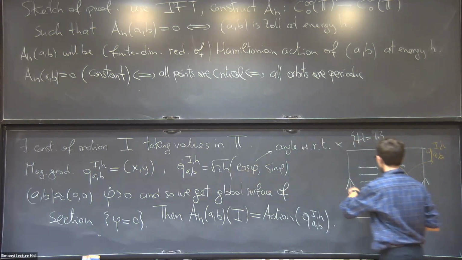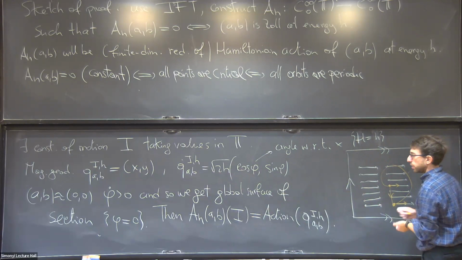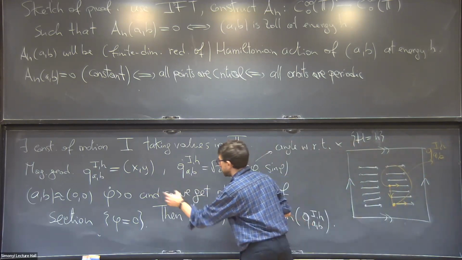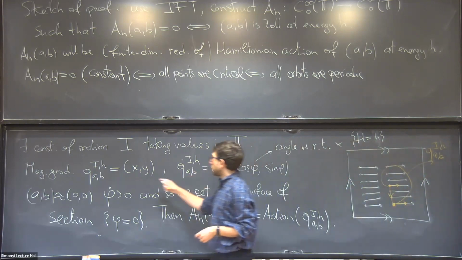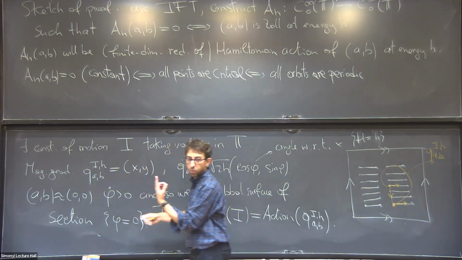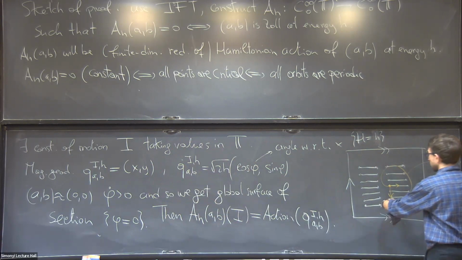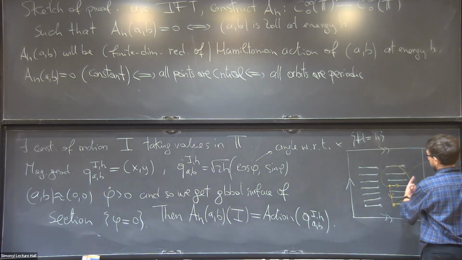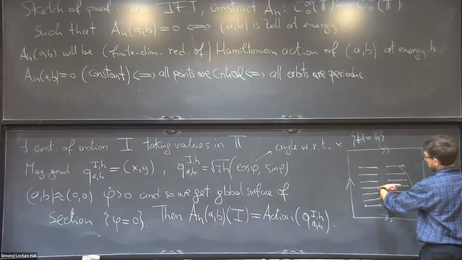And now I know that if AB is close to 0, 0, all my orbits will rotate counterclockwise. So it means that if you start tangent to x, then the tangent vector will start rotating until it is again tangent to the x direction.